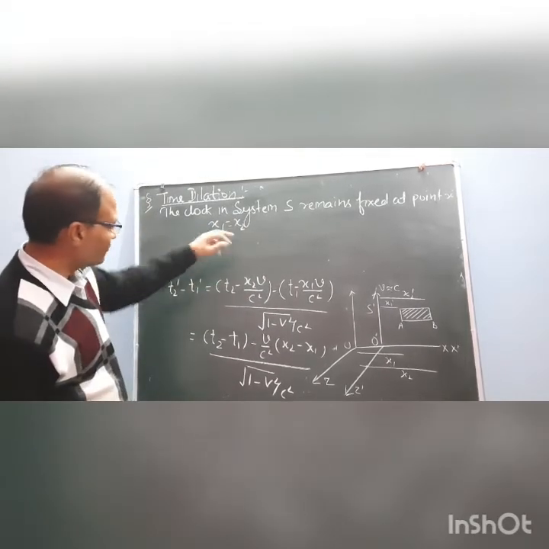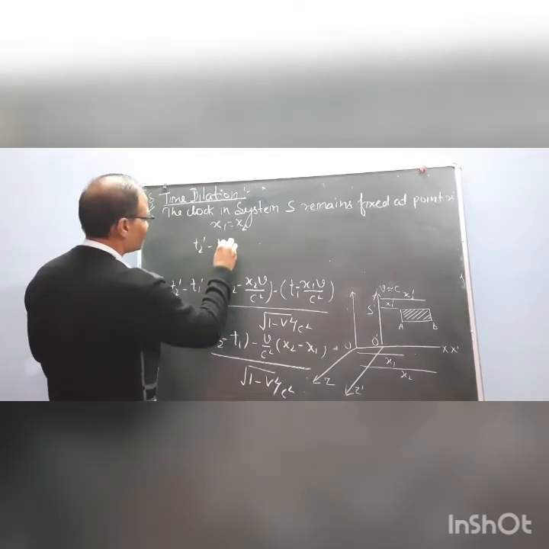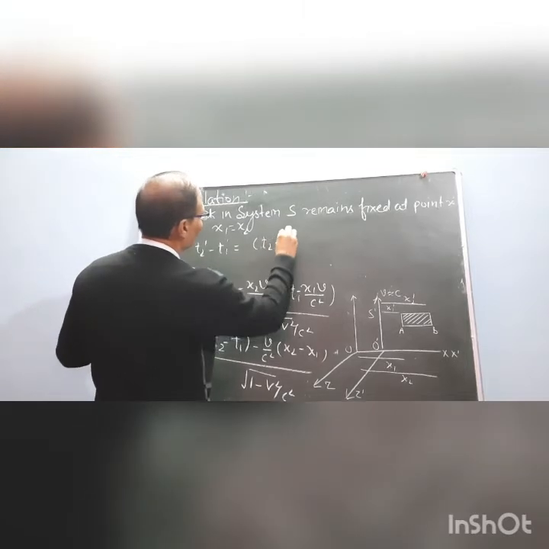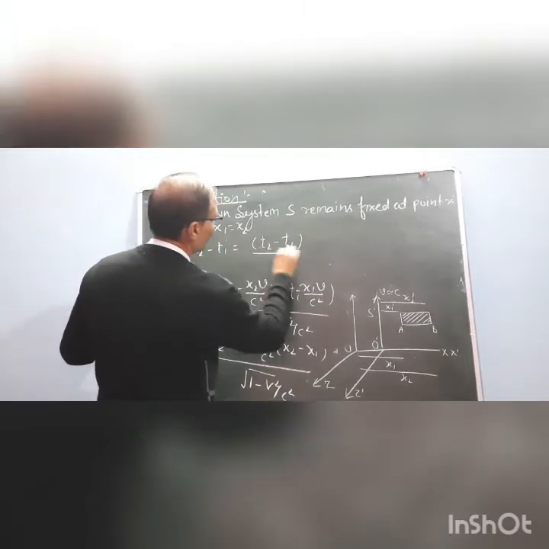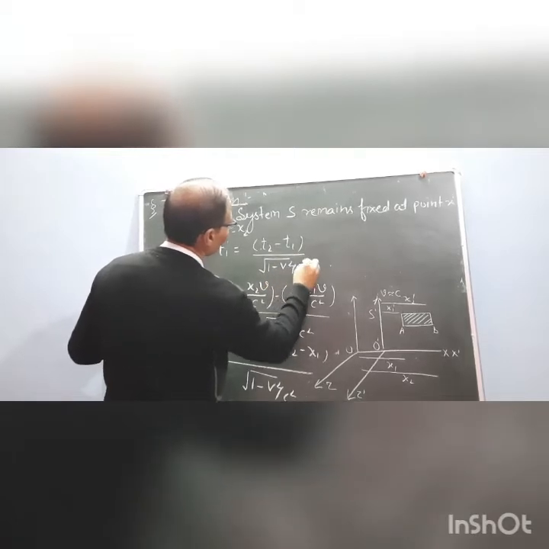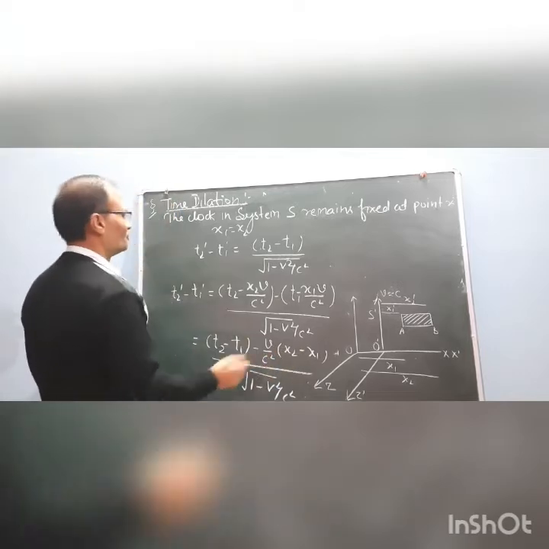If x1 equal to x2, then t2 dash minus t1 dash equal to t2 minus t1 upon under root 1 minus v square upon c square, and x2 minus x1 is 0.